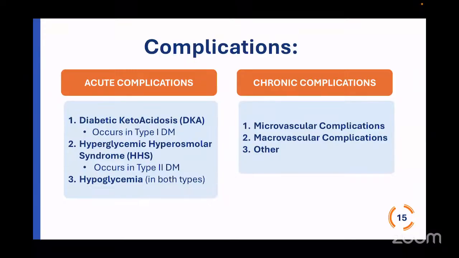The third complication is hypoglycemia, which can occur in both types in patients who take an increased dose of insulin or skip meals or engage in high-intensity exercise. Chronic complications, we have microvascular complications, macrovascular complications, and other complications, which we'll go through in the next slide.